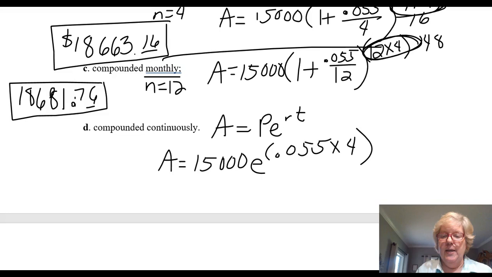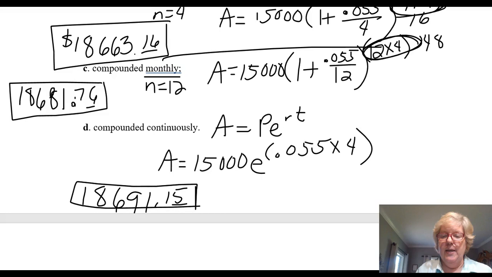So 0.055 times 4, and I will get $18,691.15. So continuously gives you the most interest, but we don't normally see that type of interest at banks anymore. Hope this gives you an idea of exponential functions.